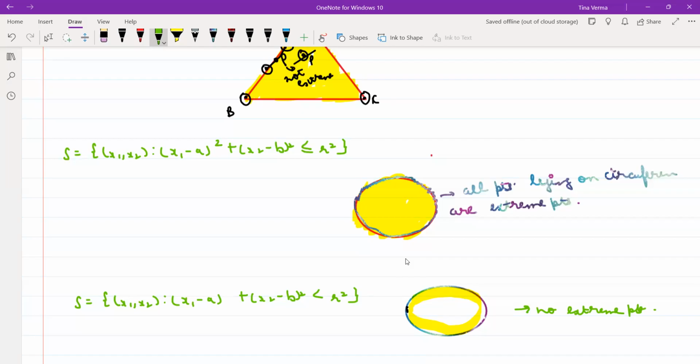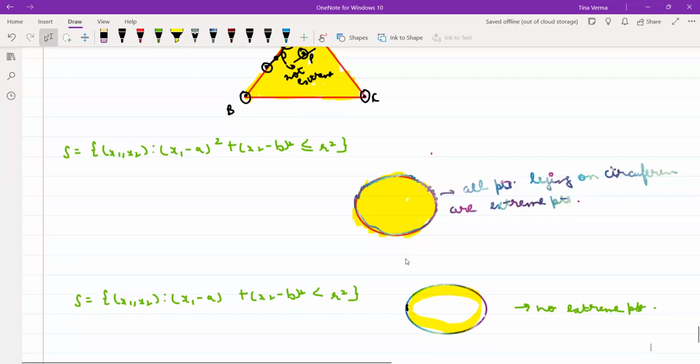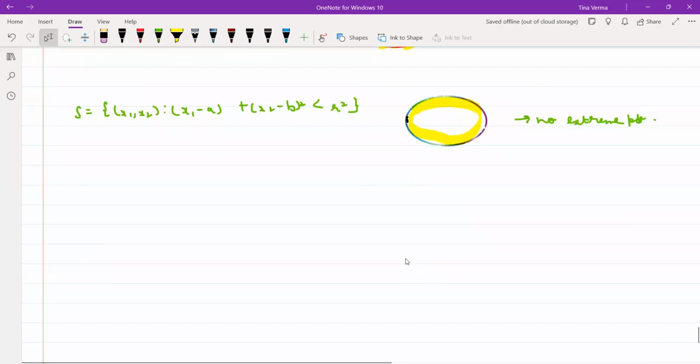But we are saying that 2 points, that if I can pass a line from that point, then it is not my extreme point. So the same, now you will tell me, if I have a region S, right, I am taking a point X. So if I have this thing, this is my convex set.